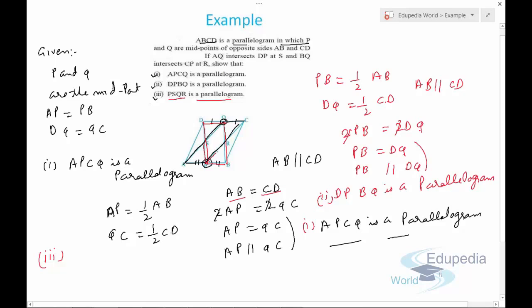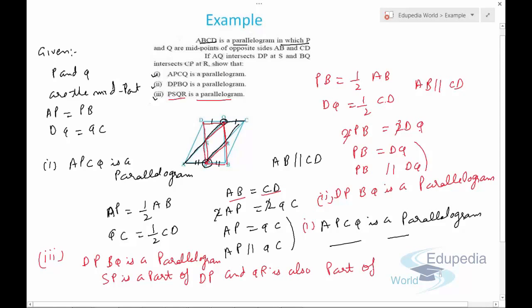Since we have already proved that DPBQ is a parallelogram, and if you see properly, SP is a part of DP and QR is also part of QB, and since DP is parallel to QB, we can say that SP is also parallel to QR.